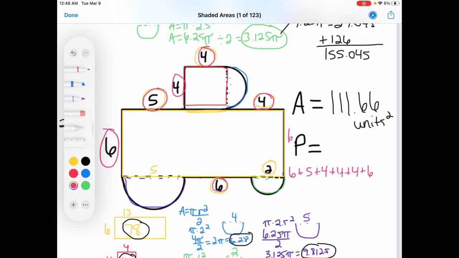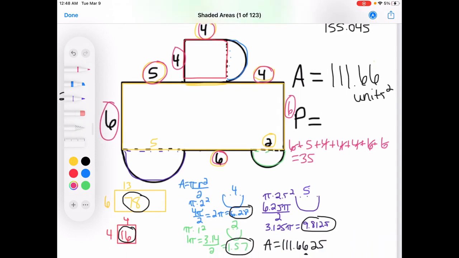Then we have another side with 6 units. And then we have to go back and find all of the distances around the semicircles. So far we have 6 and 4, which is 10, another 6 and 4, which is 20, and then another 6 and 4, which is 30. Plus 5 would be 35.